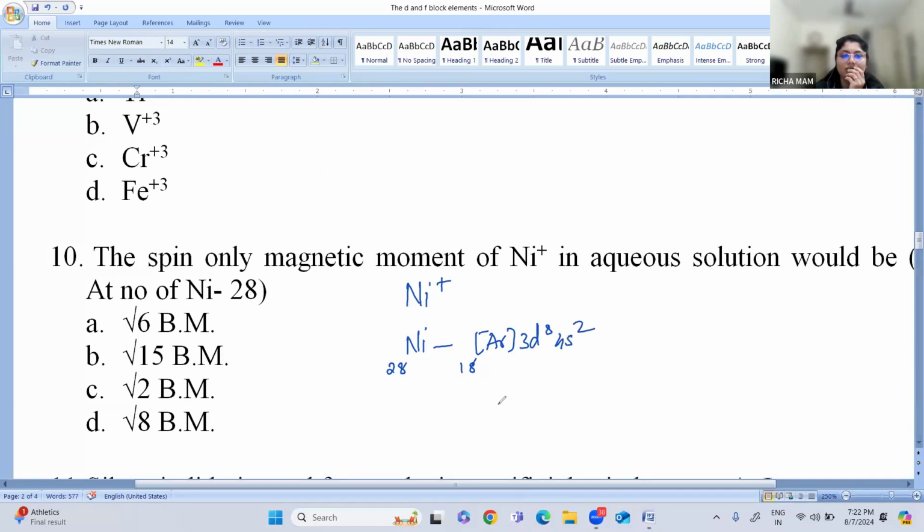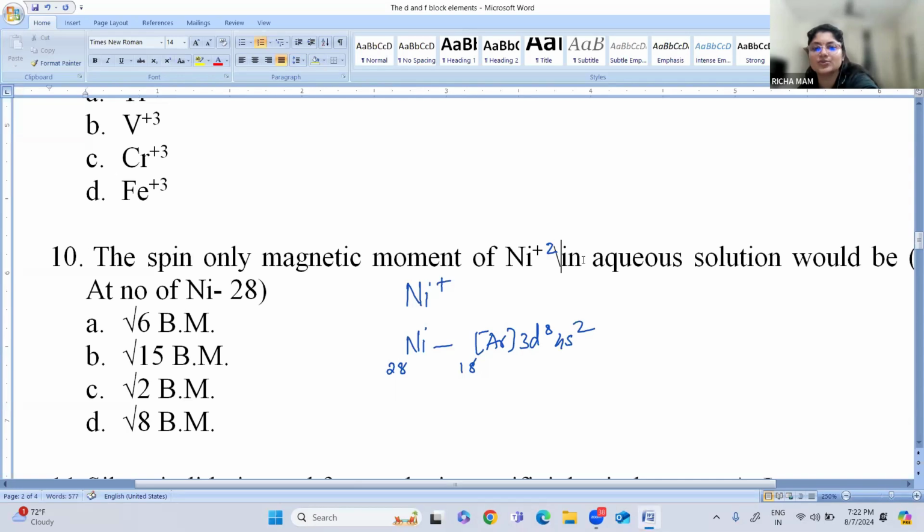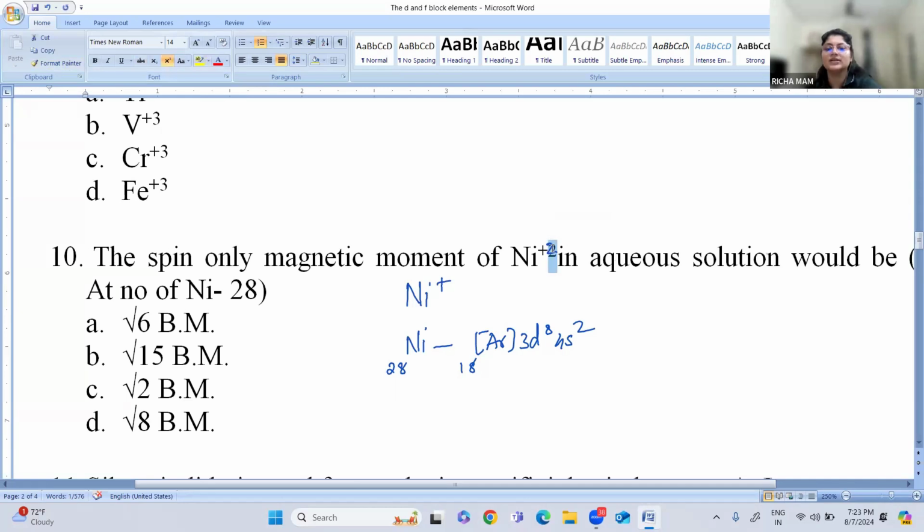So nickel plus means what? Yes, it is nickel plus 2. Take it as plus 2, not plus 1. Let me do the changes here. So it is nickel plus 2.